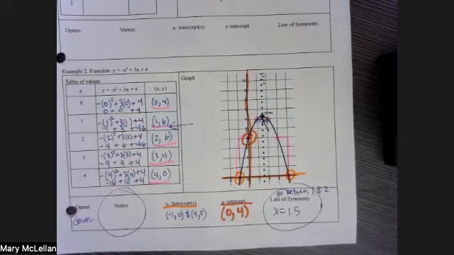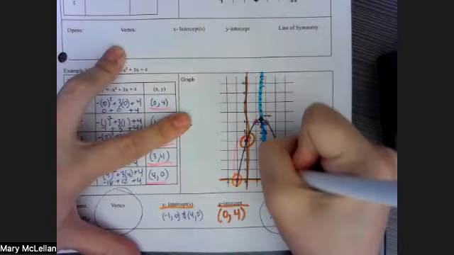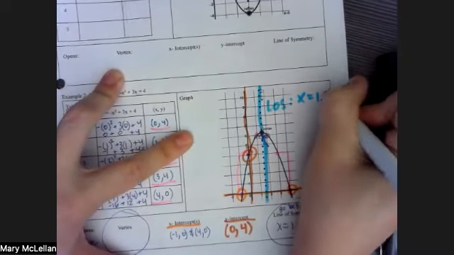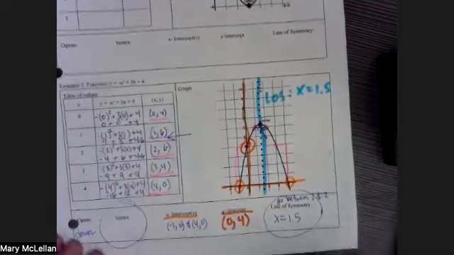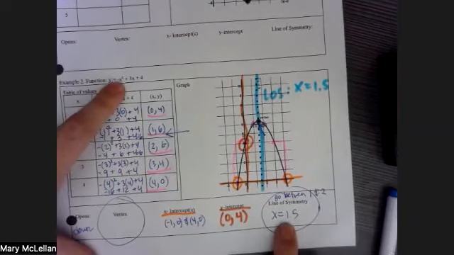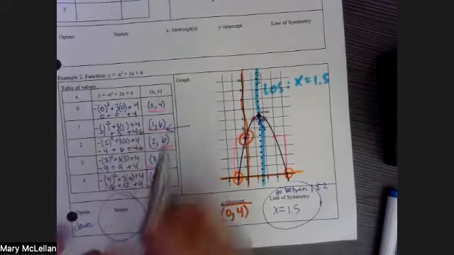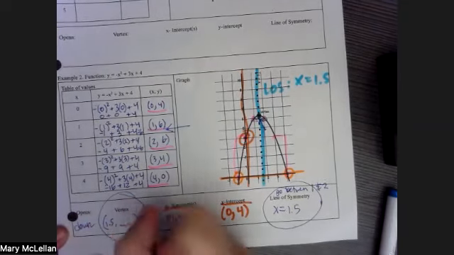And that also tells us where the line of symmetry is. This line of symmetry is at x equals 1.5. And I can find the vertex now because if I have an x value and an equation, I can find my y value. So here I have my x value, 1.5. I need to solve for y.